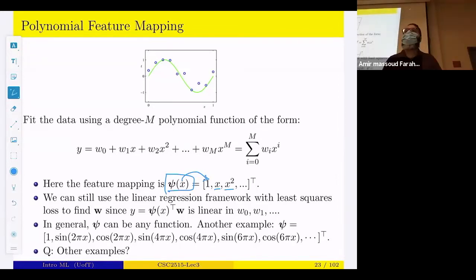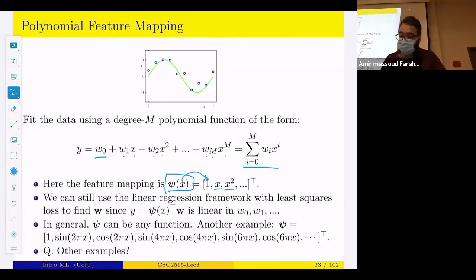So different powers of x. If we make this choice, the linear model would be w0 plus w1 x, w2 x squared, up to wm times x to the power of m, which can be written again like this.